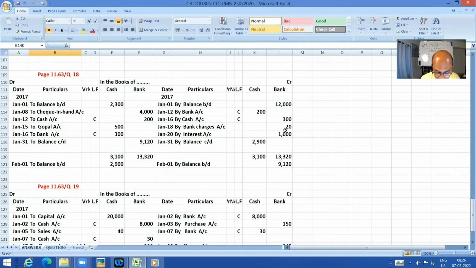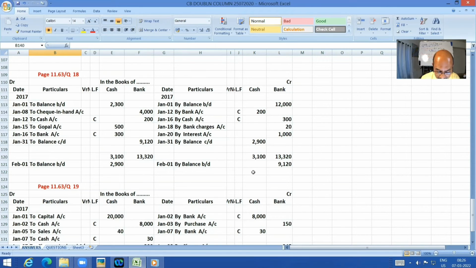Interest on bank overdraft. Yes. Bank overdraft interest is of an expenditure nature. Why? What do you mean by bank overdraft? You are overdrawn from the bank. Bank will penalize you by way of charging interest. Okay. Rather, bank will charge interest from you. Such interest is an expenditure for you.